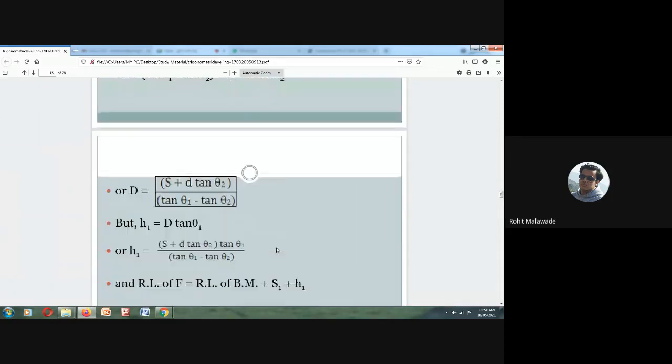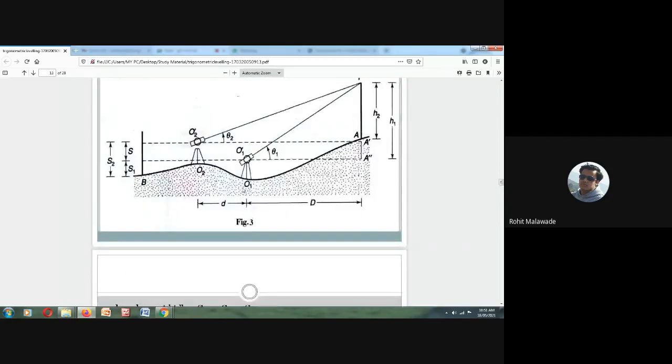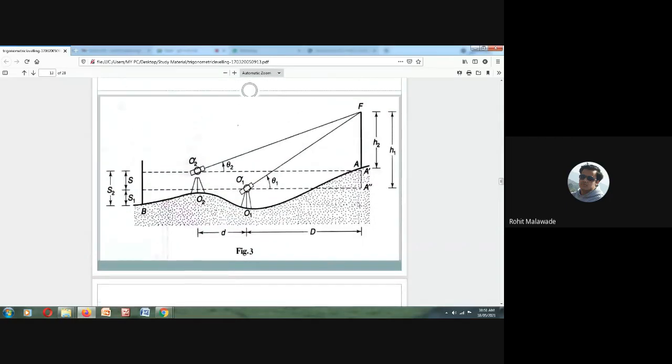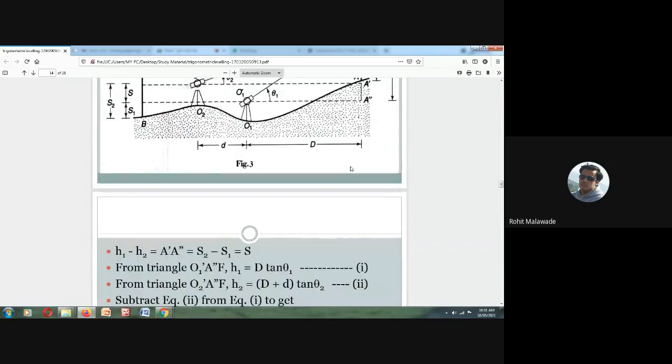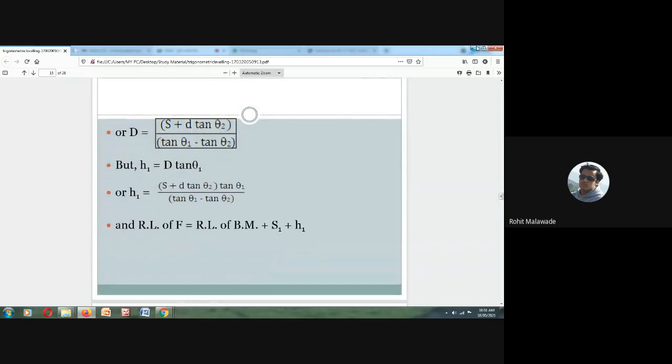So if we simplify, there is some change over here. Instead of d, we can have the distance between the object O1 and F, which we can determine using the formula. There is a slight change over here.